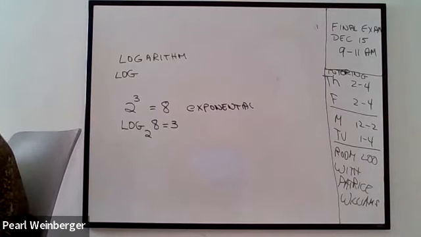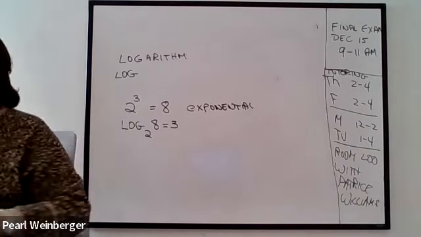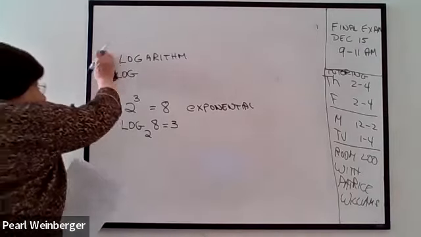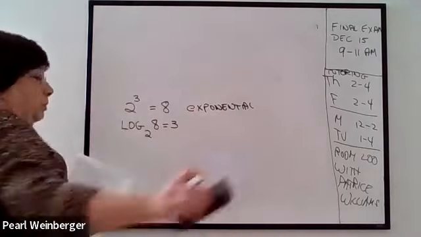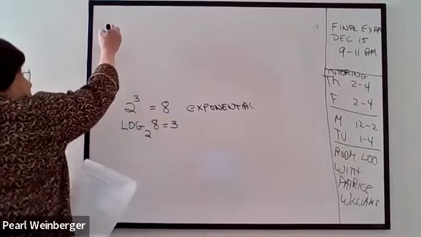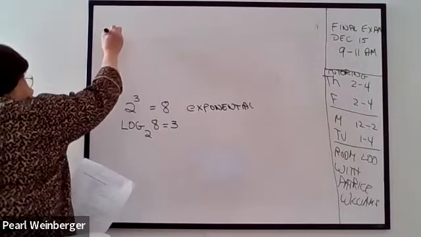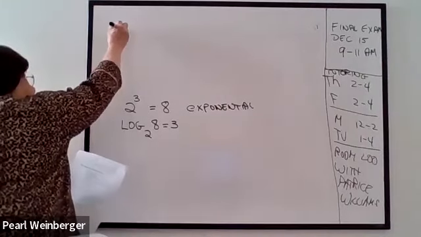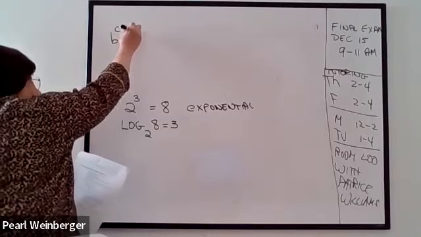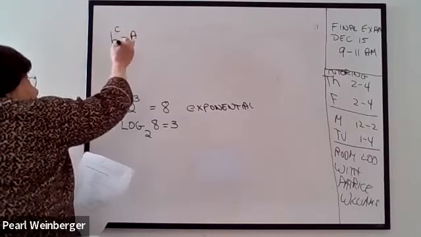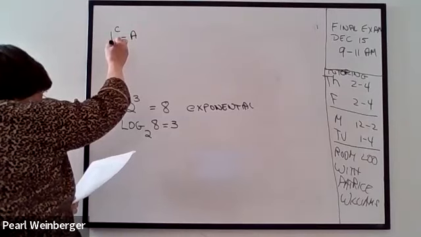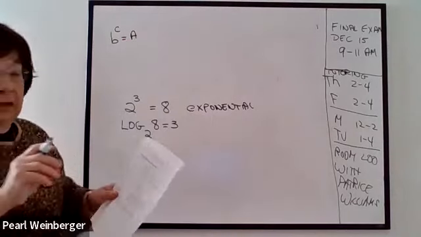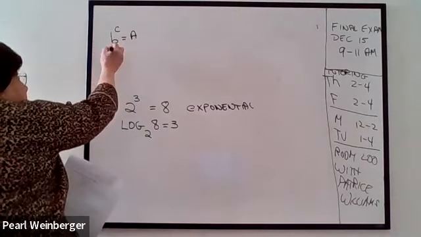So let's say, I'm going to give you the basic rule, so we can use it as a format. If we say b to the c equals a, this is from the study guide sheet that I sent you. This is exponential form.